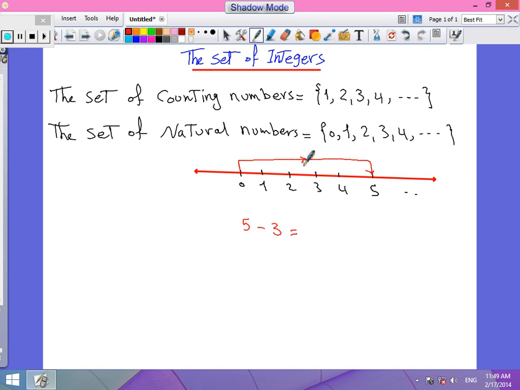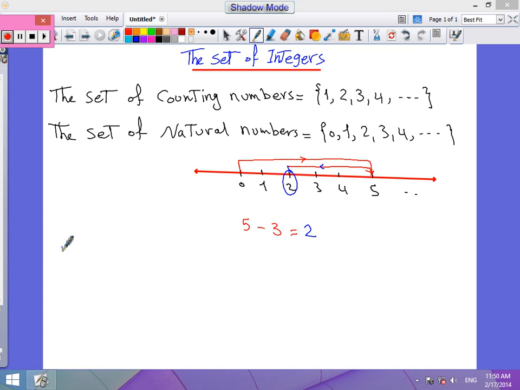Minus 3 means back 3 steps: 1, 2, 3. The result will be 2.